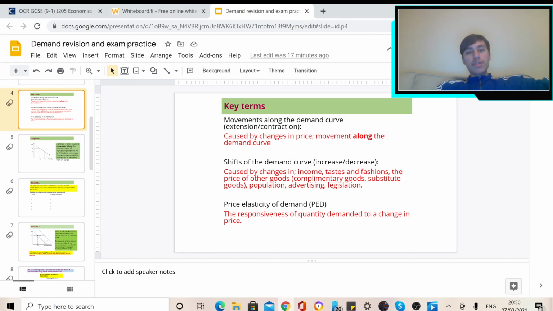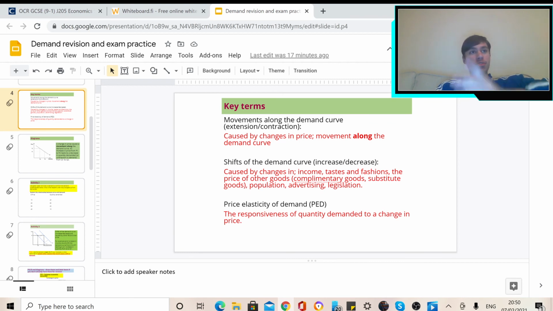The price of other goods. So let's say there are substitutes, let's say Coke and Pepsi. If the price of Coke increases, then more people would be willing to buy Pepsi.